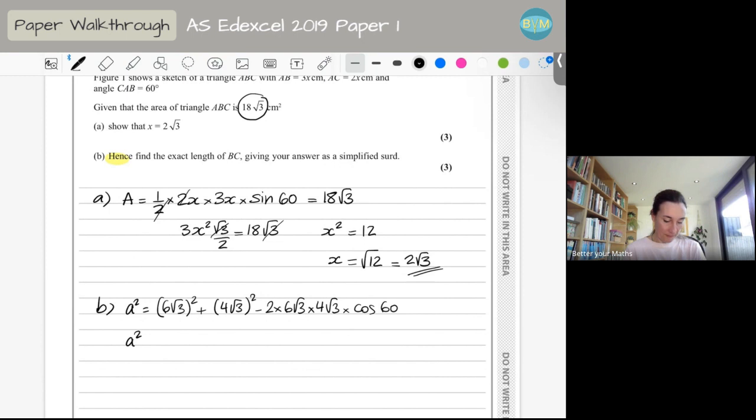Do you have a value? I'm doing something wrong. Wait, I'm going to do it step by step. So this is 18, 48, and then I have root 3 times root 3 is 3.